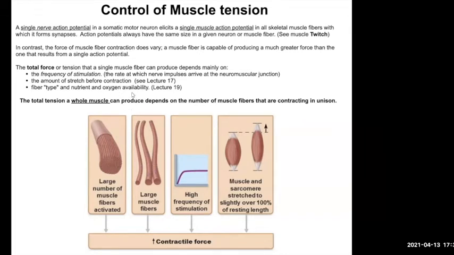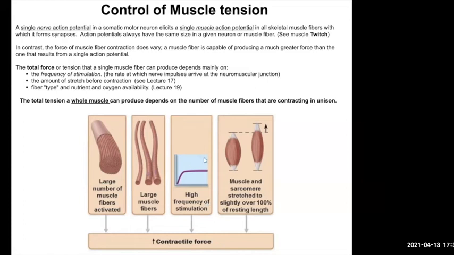But we know there's more than one level of contraction that we can do. The force of the muscle fiber varies. Your muscle fiber can produce a varying amount of force, much greater than from a single action potential. So this is going to get into the frequency of stimulation. Last time we talked about the initial length of the sarcomere and the muscle.